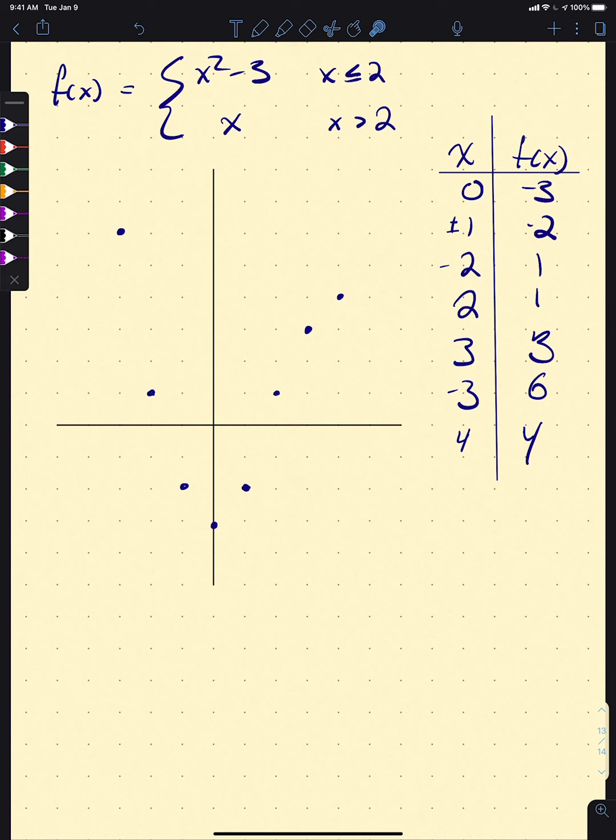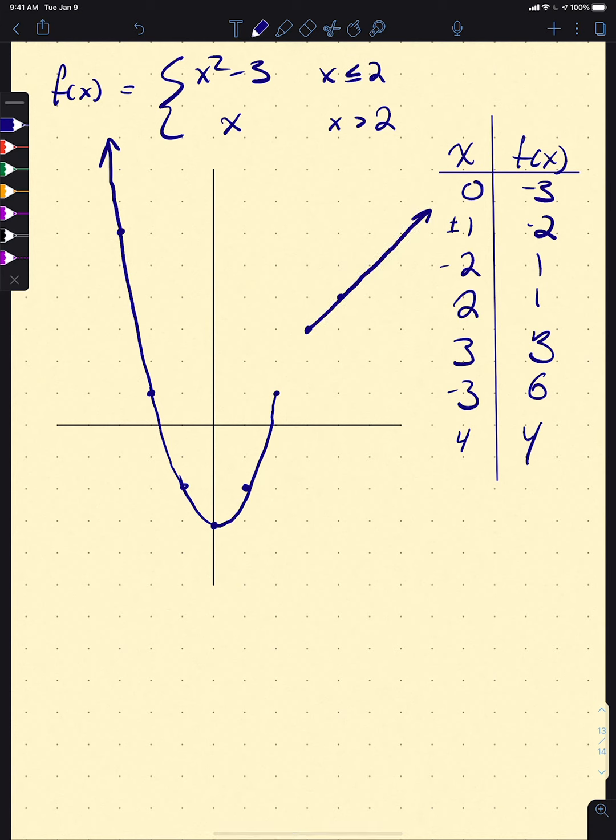So on this part of the domain, if x is less than 2, I can connect all of this with a smooth line. Let's see how well I do. Again, I'm not famous for doing the best job at that, but let's say it's going to look something like that. And I know that on this side, this is going to continue up like this.